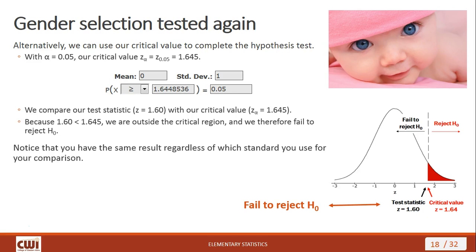So you don't have to calculate a critical value to compare with the test statistic. You just compare the p-value with the significance level, which is typically given to you in the problem statement. It's much easier to use the p-value, but it's good to know how to do it using the critical value as well.